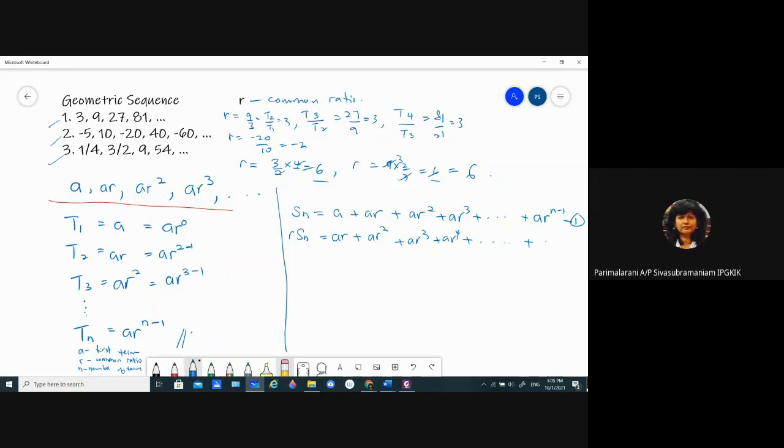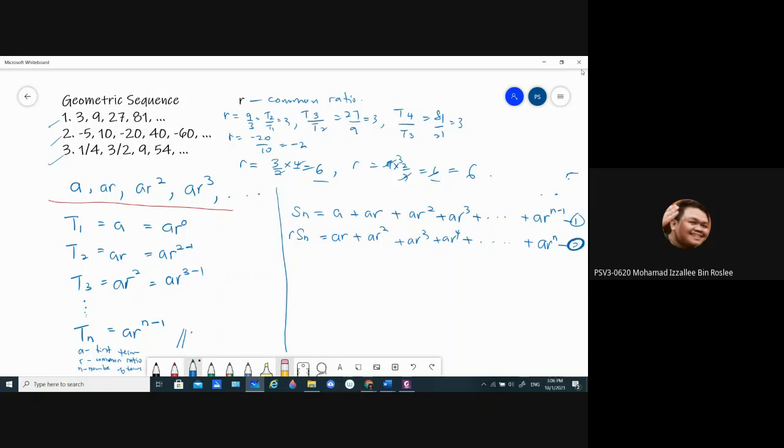So negative 1 plus 1 becomes 0, and R to the power of 0 is equal to 1. So we have AR to the power of n. Is that correct? Yes. So this is our equation 2.